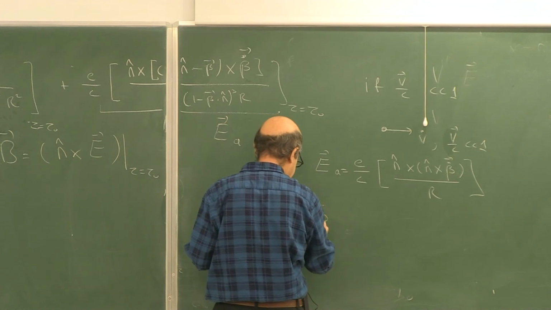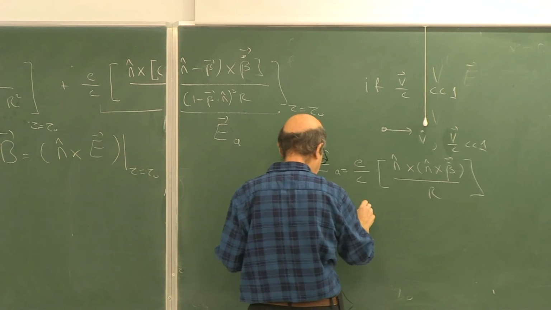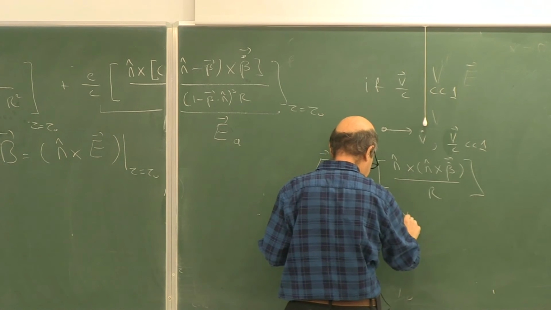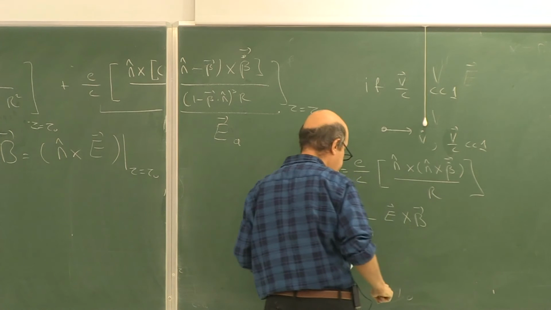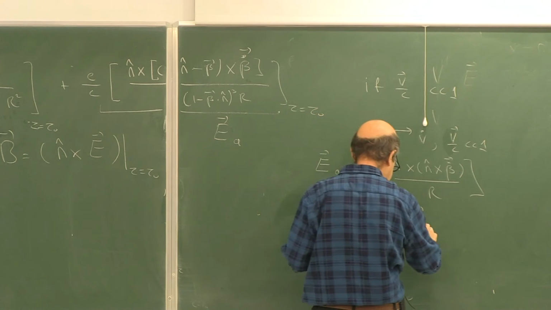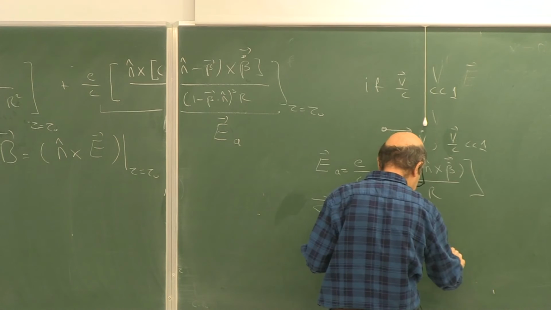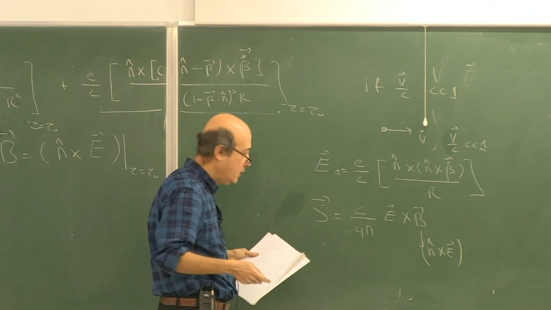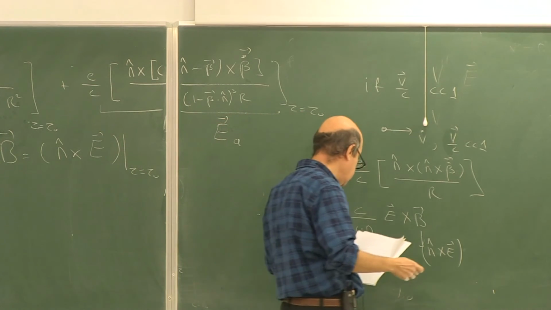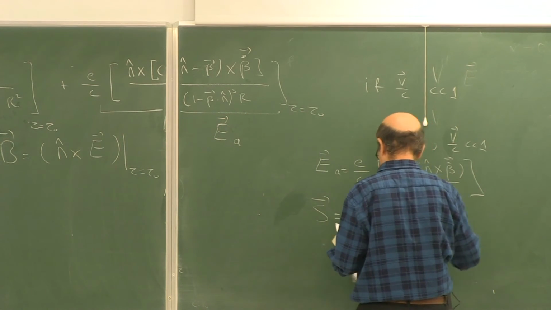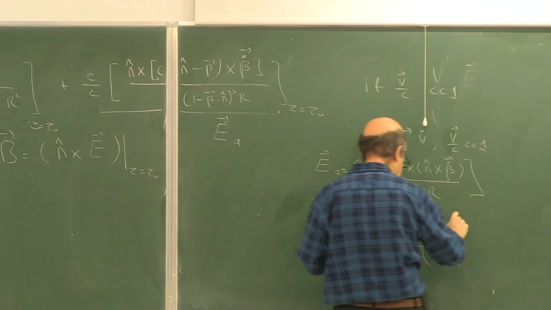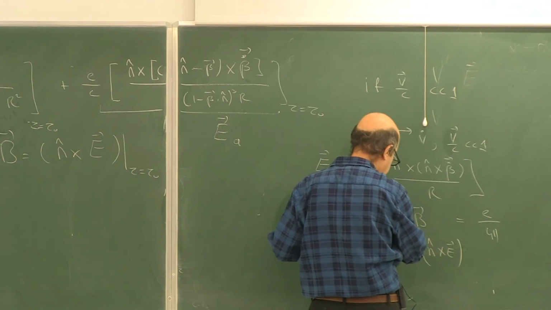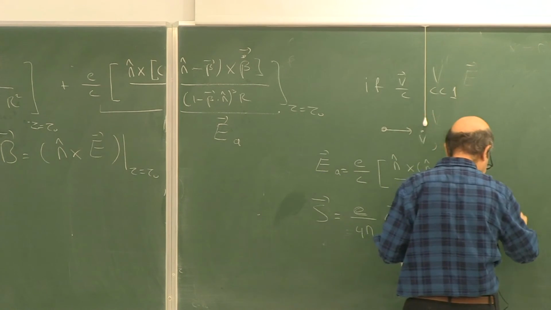The Poynting vector S. S is C over 4 pi E cross B. But I know that B is n cross E. So the double cross product rule tells you that this is equal to C over 4 pi E squared along n.